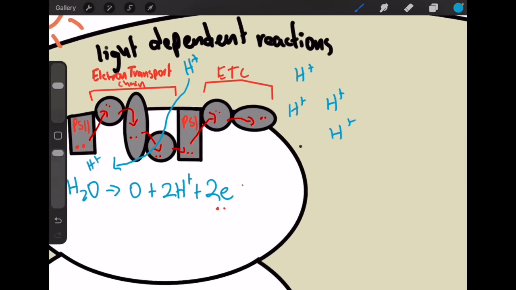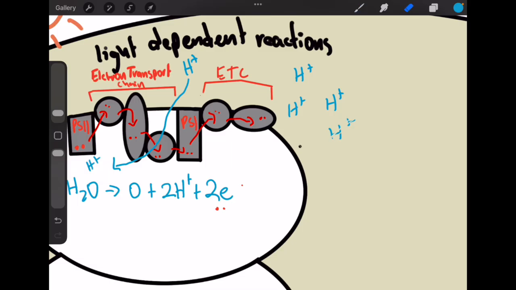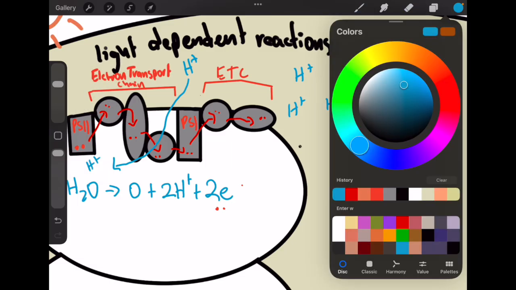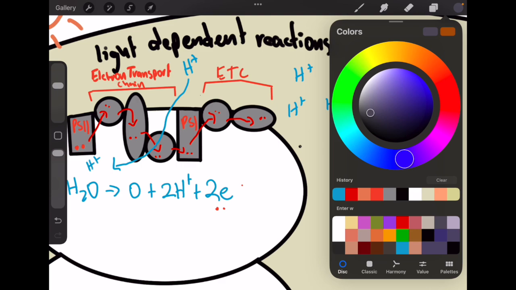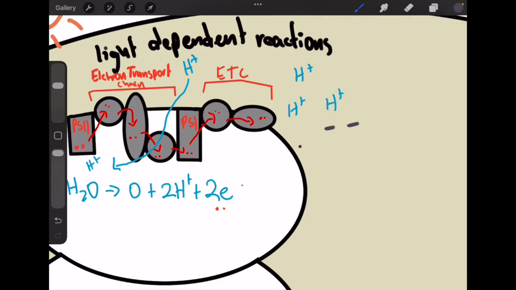So then what happens is, since we have this hydrogen outside, we're going to take all of that and make something out of it.